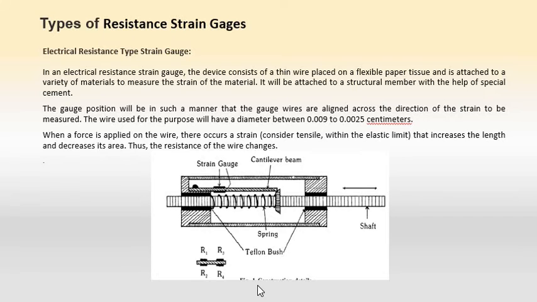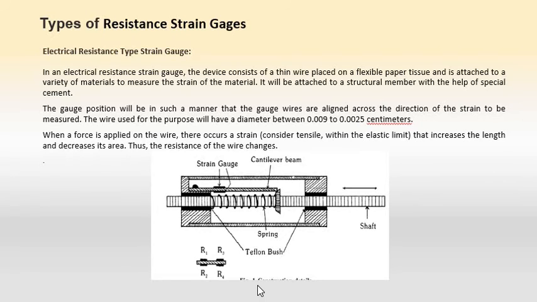Now as the displacement to the shaft happens, what will happen? The cantilever beam will get pushed towards the spring. As a result, the strain gauge will also get compressed. So that is why the strain will happen to the metal piece or the strain gauge.